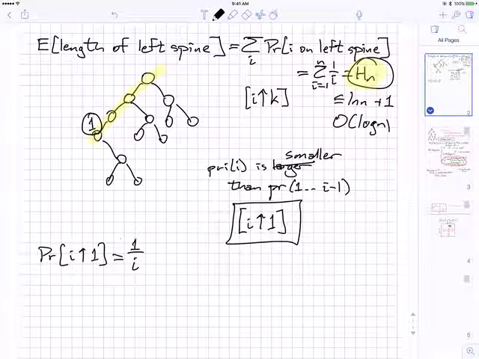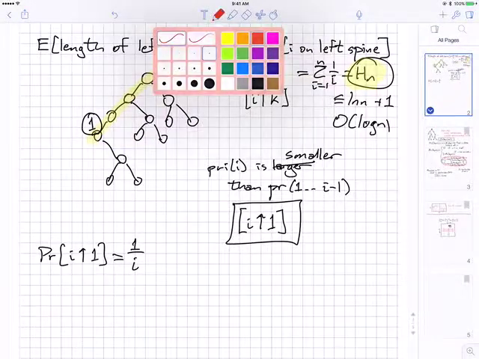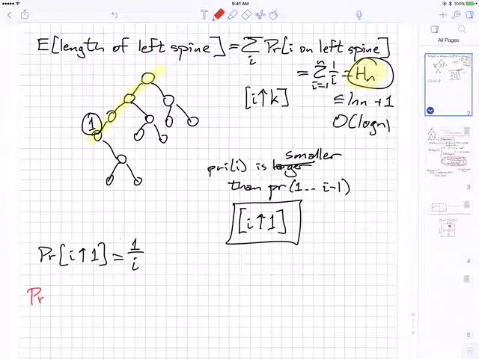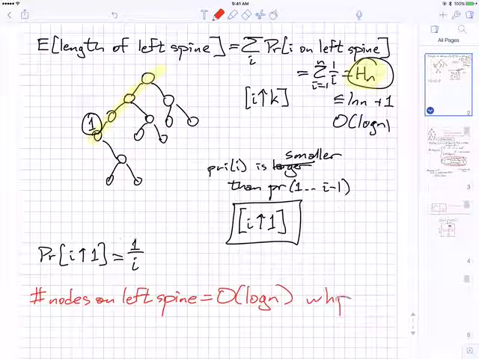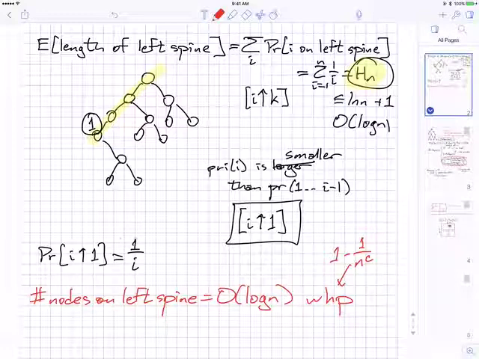Suppose, for example, I wanted to prove that the number of nodes on the left spine is big O of log n with high probability. So this means with probability 1 minus 1 over n to the c for some constant c.